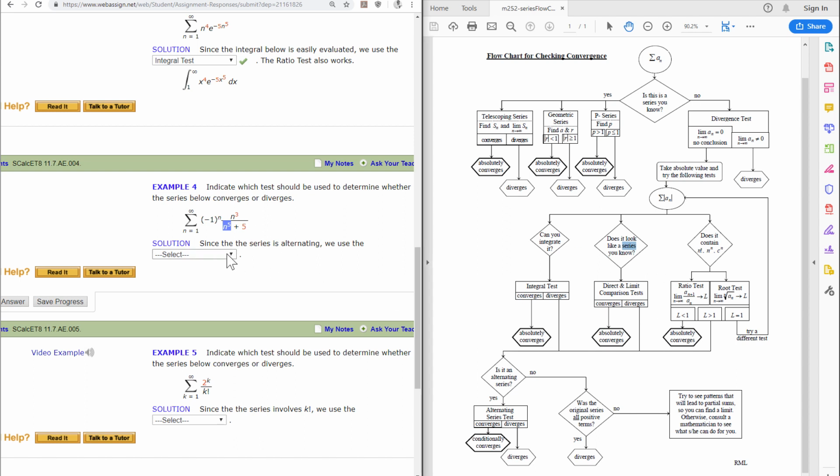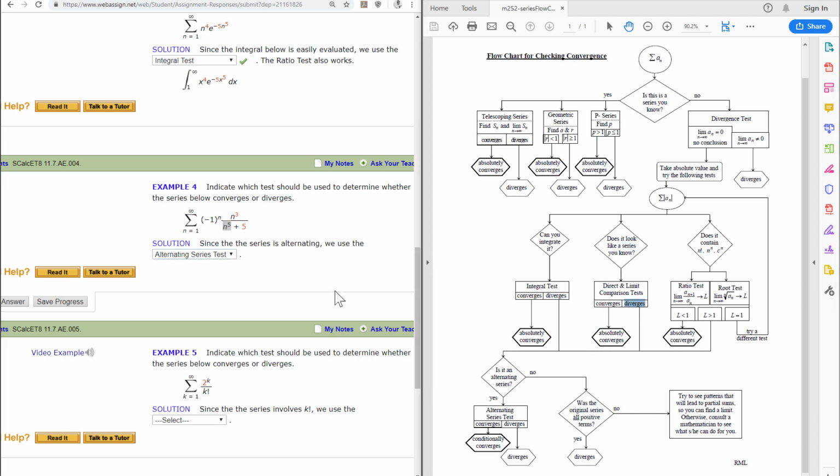But they talk about doing an alternating series test for this because we have an alternating series. I would really only go to the alternating series test option after this thing happened to have diverged.